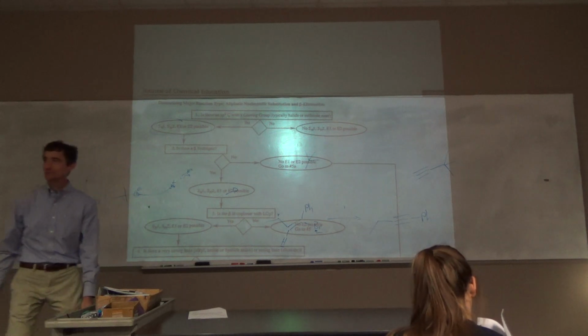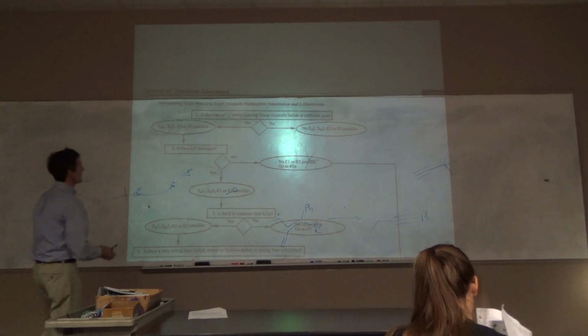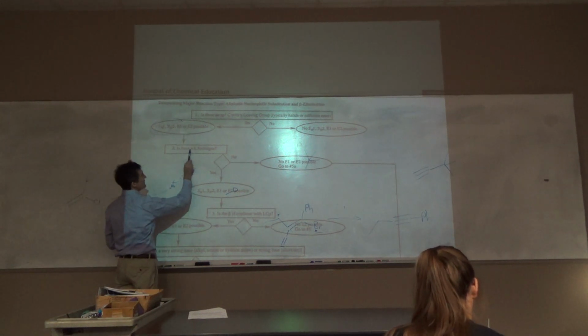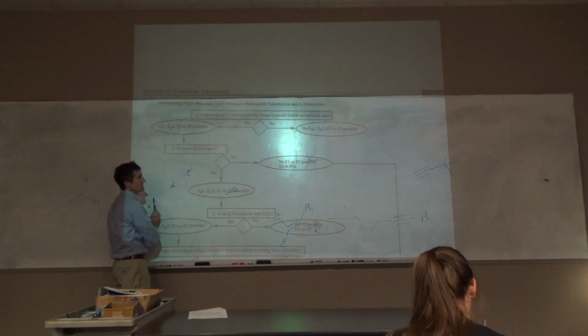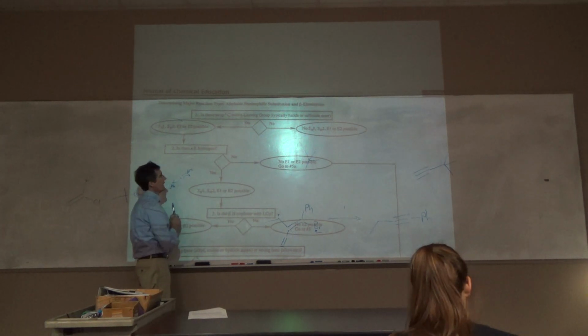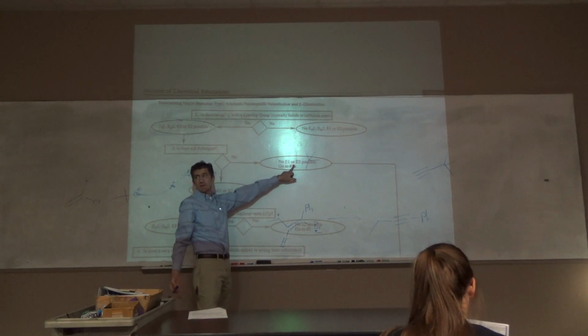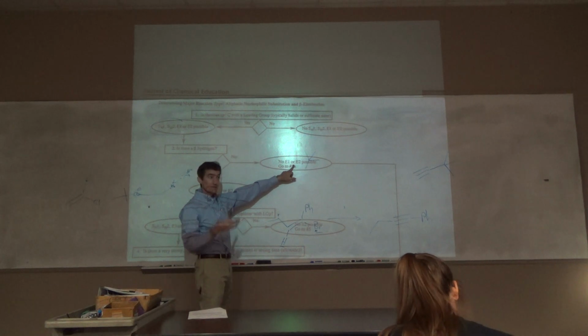Can't do those mechanisms. Everybody agree you got to have a leaving group to do this chemistry? Well, that's the first question. Okay. Now that you have this, is there a beta hydrogen? Because if there is, you can still do all the mechanisms. But if not, guess what? You can't do an elimination reaction because an elimination reaction has to have a beta hydrogen.